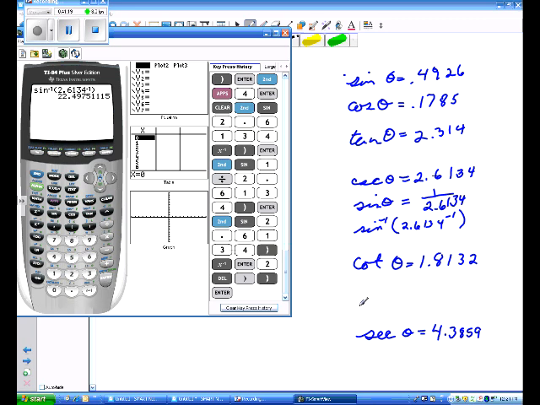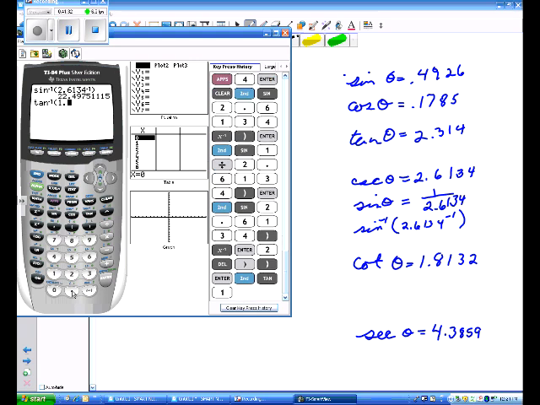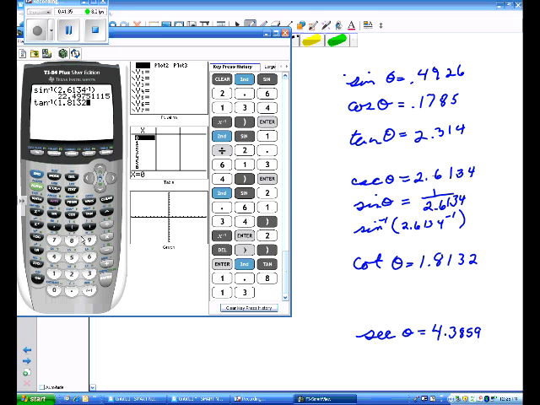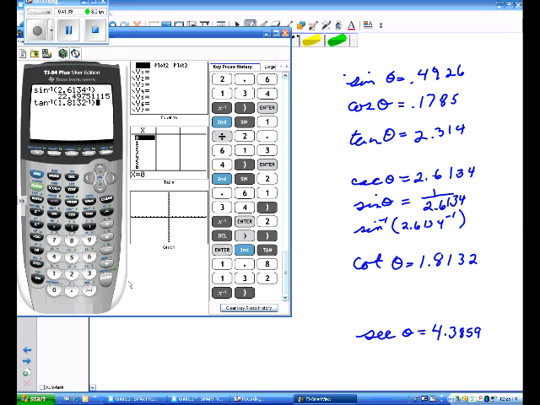And so we could go back and delete that parentheses and then put our reciprocal inside, and it will give us that value. So for the cotangent, cotangent is the reciprocal of the tangent. So we're going to do inverse tangent, and then we're going to need the reciprocal of this number, 1.8132. We want the reciprocal and then close our parentheses. So that would be 28.88 degrees.